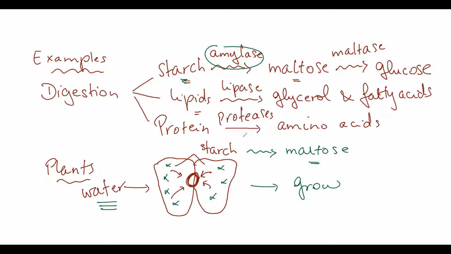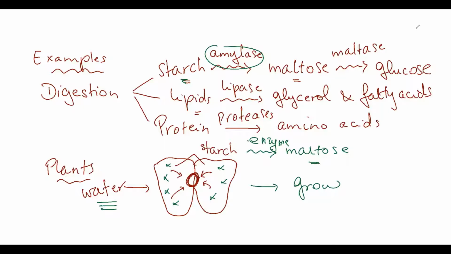And what did we call this catalyst? Amylase enzyme. Okay, excellent. So the embryo is not going to wait for a long time because this enzyme will speed up the digestion, the breaking down of starch into maltose.